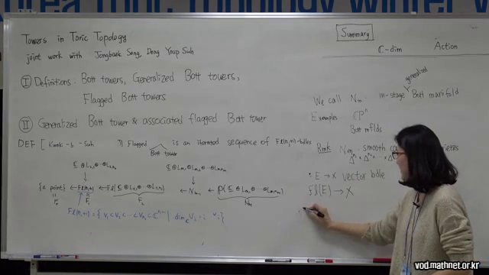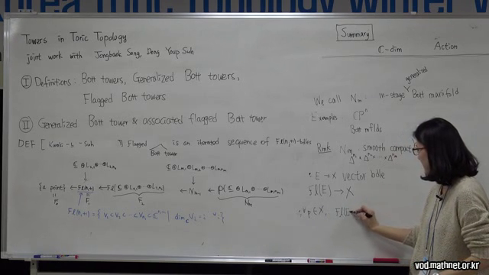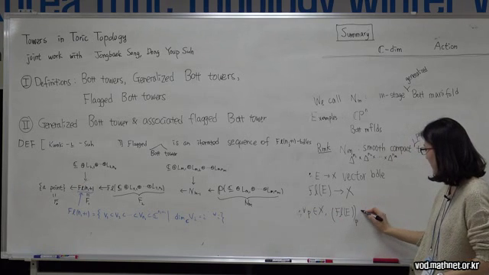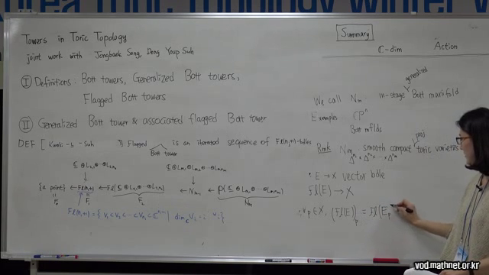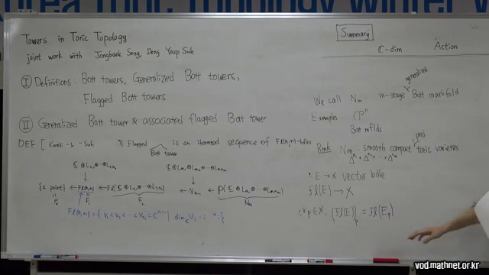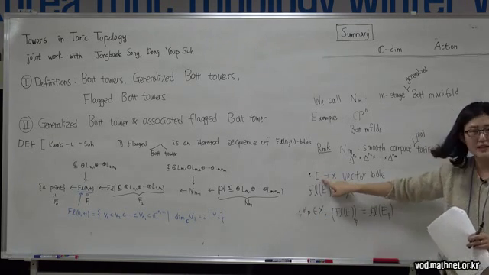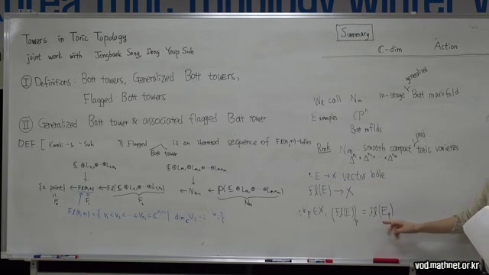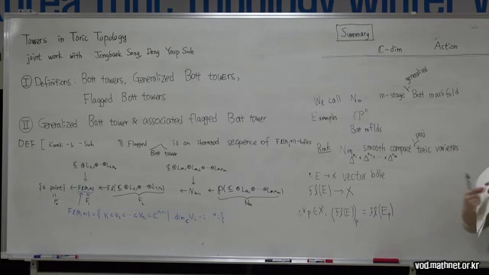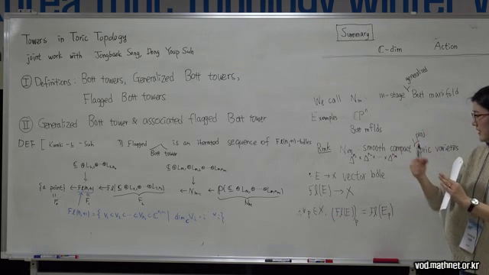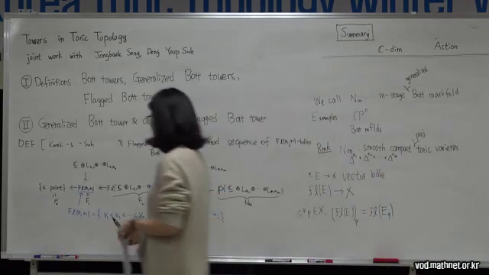What I mean is that for every point p in X, the fiber of this bundle is nothing but a flag of the fiber of the original vector bundle. E_p means the fiber of the vector bundle at the point p, and by taking the complete flag, this is the fiber of this induced flag bundle. So on each point, each fiber consists of flags. So this is the definition of the induced flag bundle.